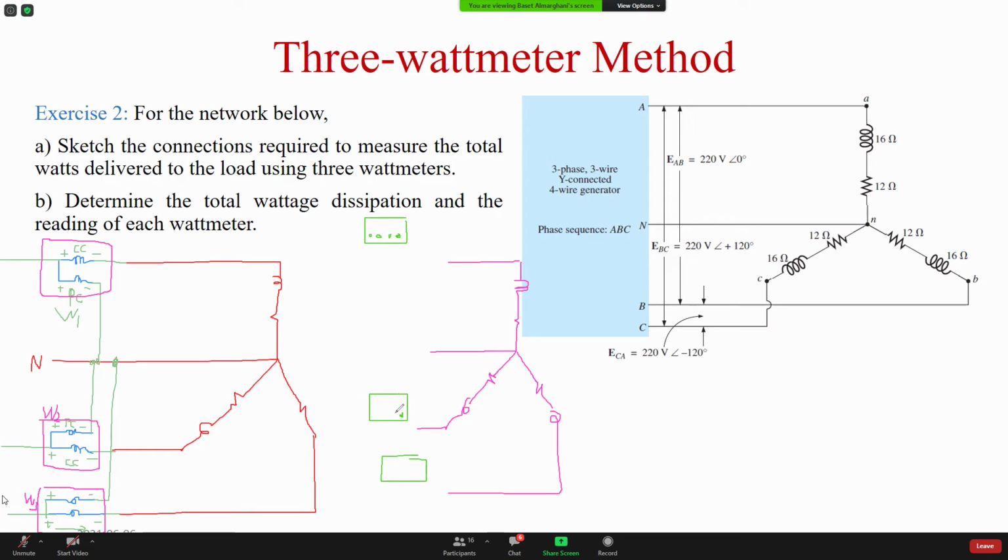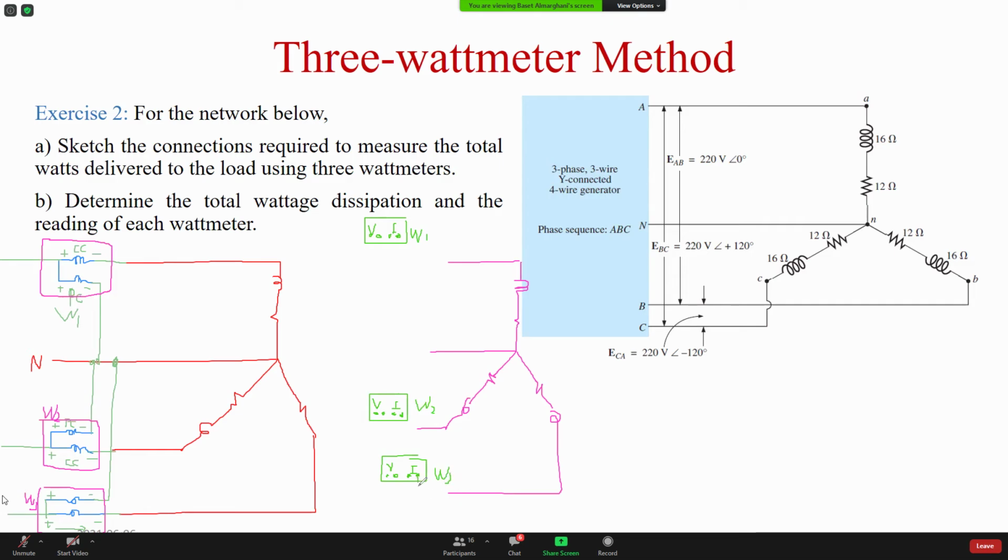Current and voltage. This is to measure the voltage, this is to measure the current. This is watt meter 1, this is the second watt meter, this is the third watt meter.